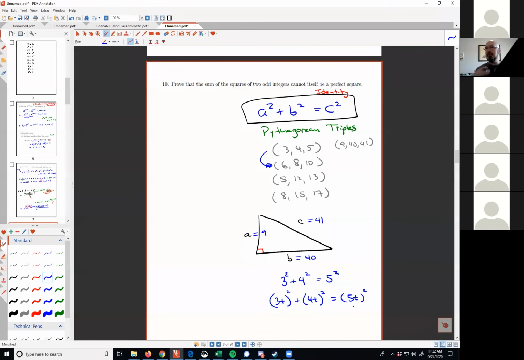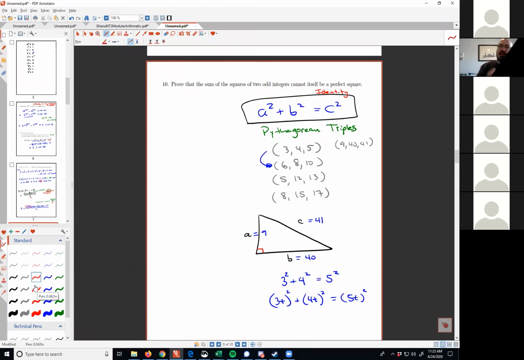And we call all of these 3, 4, 5 right triangles when we find them, right? 3, 4, 5, 6, 8, 10, 9, 12, 15, infinitely many of them, and we just call them all 3, 4, 5 right triangles.